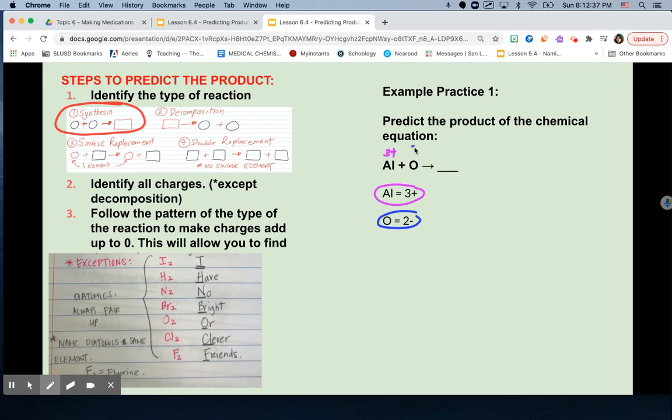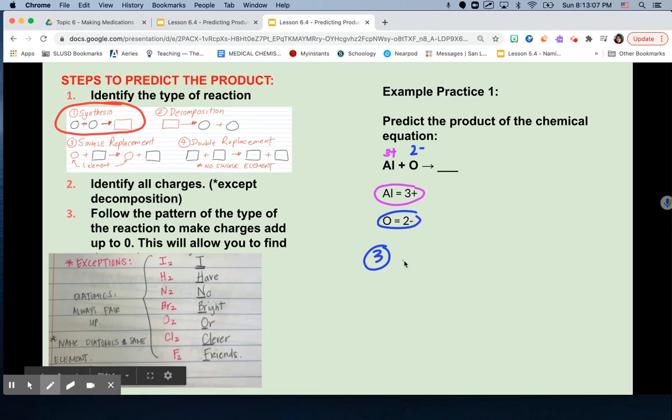So let's label 2 minus for O, right? And in step 3, once I figure out what the charges are, our goal is to make the charges add up to 0. So if you don't remember how to do that, I'm going to show you the shortcut method for step number 3. So let's do step number 3 right here.